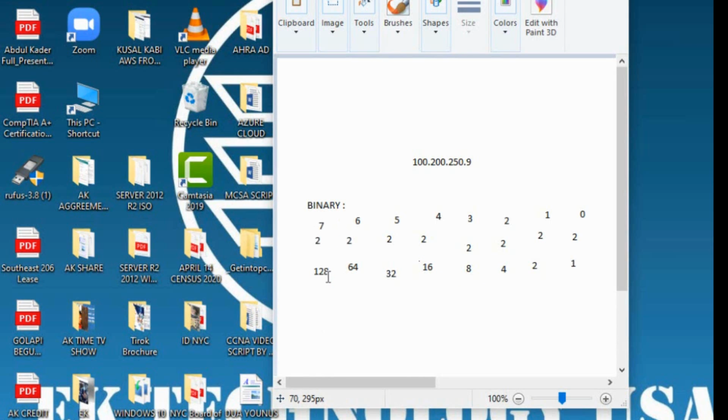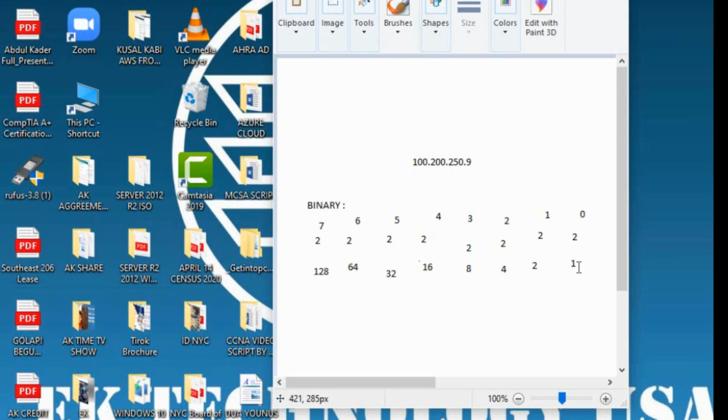So 2 to the power 7 is 128, 2 to the power 6 is 64, 2 to the power 5 is 32, 2 to the power 4 is 16, 2 to the power 3 is 8, 2 to the power 2 is 4, 2 to the power 1 is 2, and 2 to the power 0 is 1.